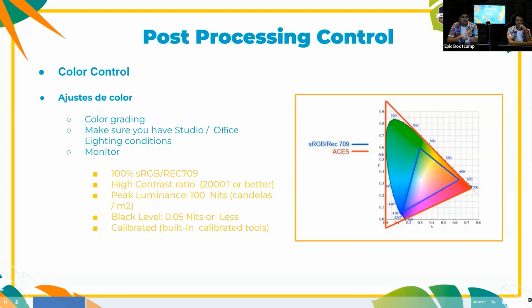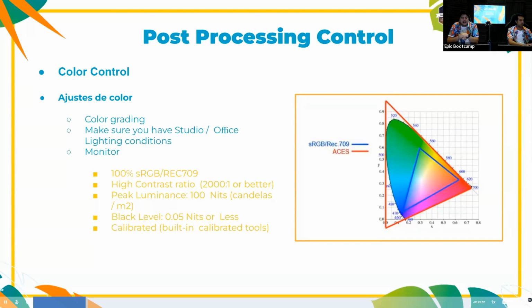These monitors are 8 bits, but a 10 bit monitor has a huge wide range. And this is something we need to understand, because right now we are accustomed to using sRGB or Rec 709, which is the most common standard format in the industry.